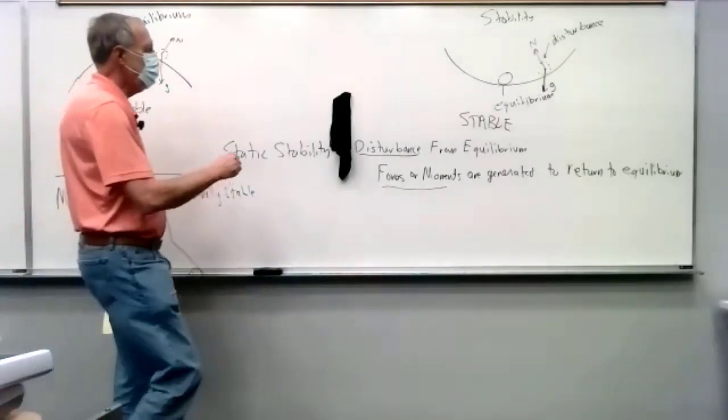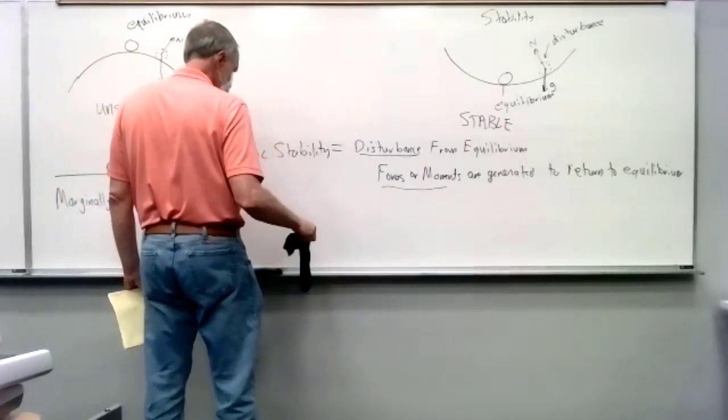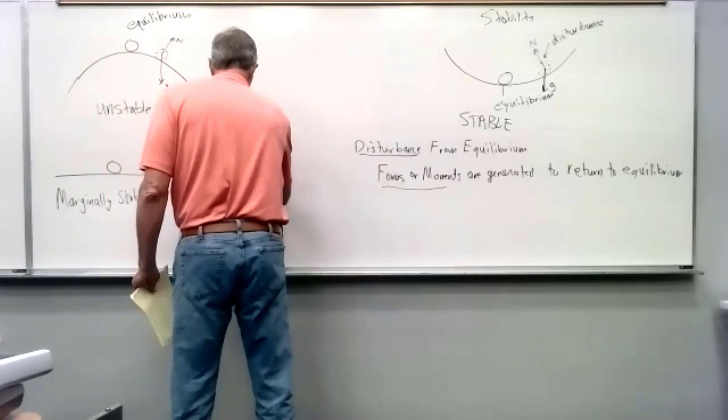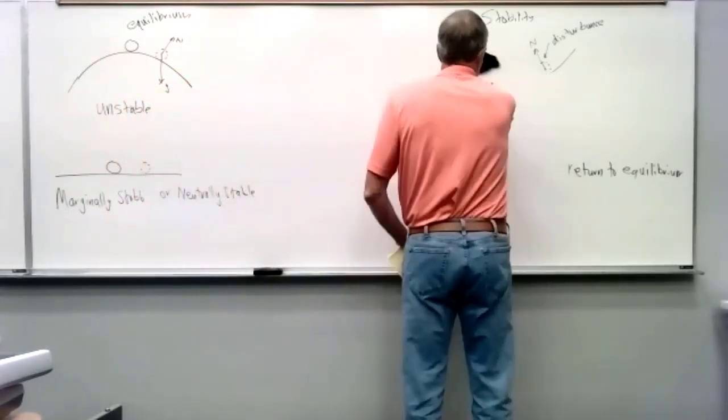All right, so when we talk about an airplane and pitching, we have the same kind of features. We have an equilibrium, and it's called pitch trim. So we need to talk about that.